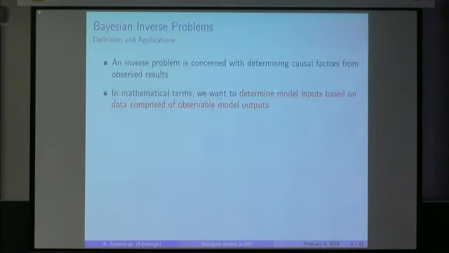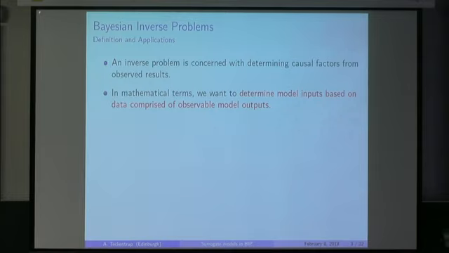Okay, so as I said, we're interested in inverse problems, particularly the Bayesian approach to inverse problems. An inverse problem is just a problem where you are concerned with determining causal factors from observed results. If you put this in mathematical terms, we want to determine model inputs based on information that we have of observable model outputs.